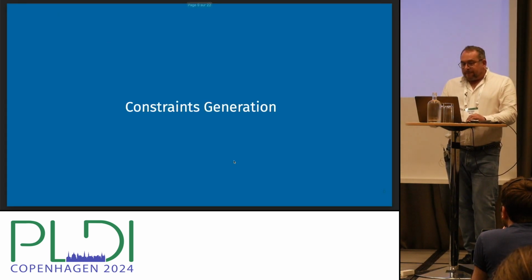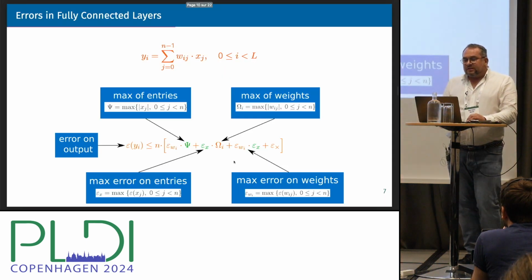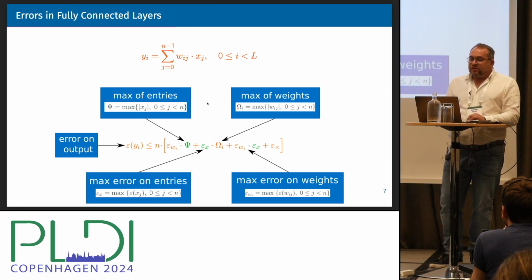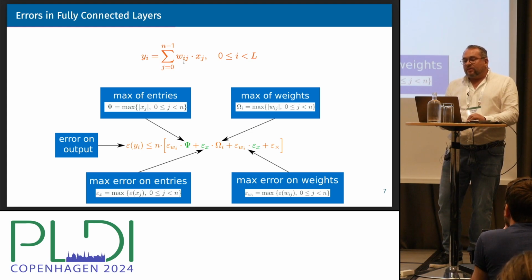Okay, so in detail, how does it work? Well, it's rather technical. It is detailed in the paper. Just to give you an intuition, I will only present this for fully connected layers, but there are other layers introduced in the article. So a fully connected layer computes some output y in function of the weights of the network W and of inputs x.